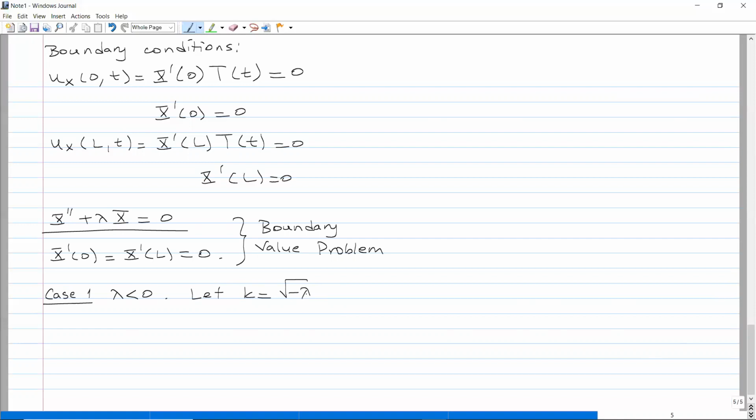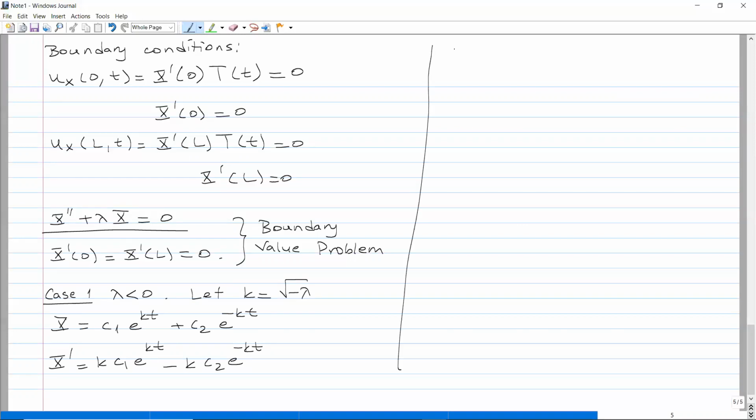Minus lambda is positive. And the roots of the characteristic equation are plus and minus k. So the solution is C1 times e to the kx plus C2 e to the minus kx. Now, for the boundary conditions, we need the derivative. So the derivative is k C1 e to the kx minus k C2 e to the minus kx.